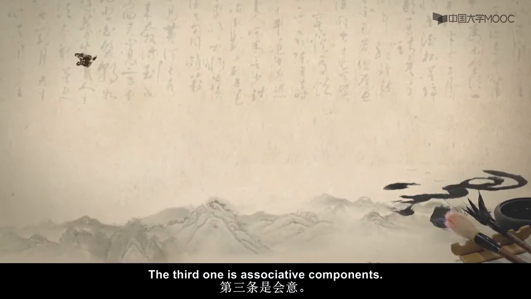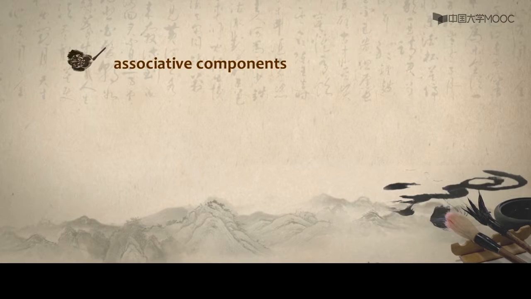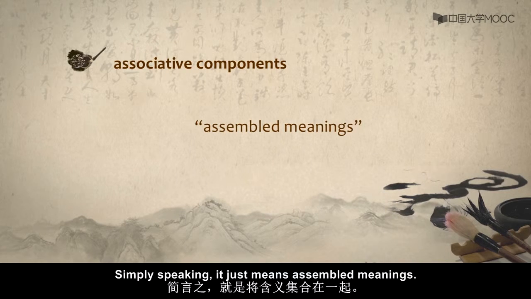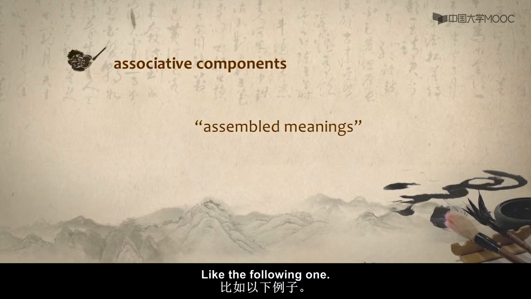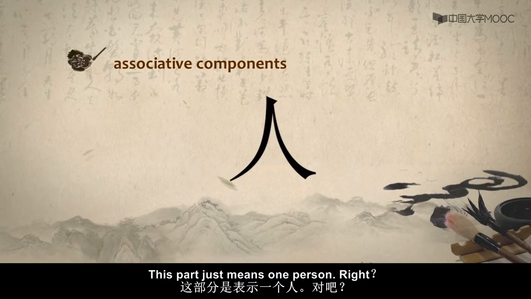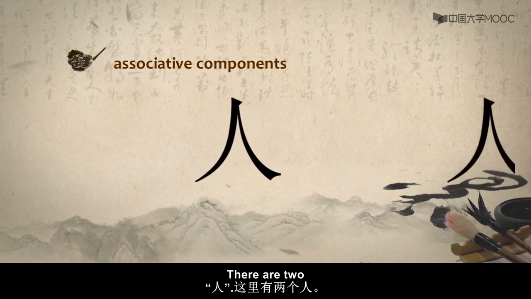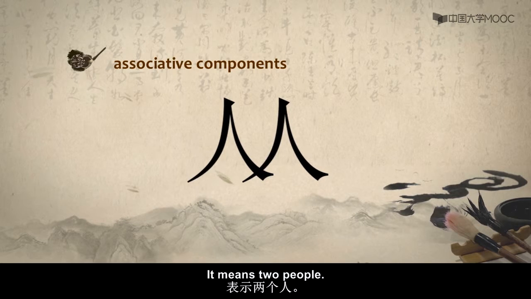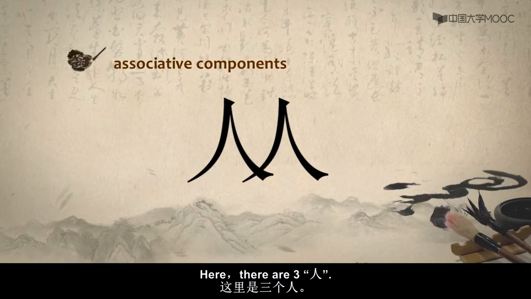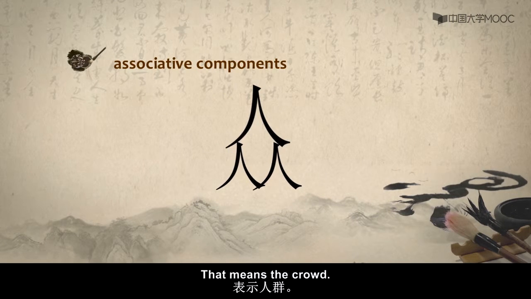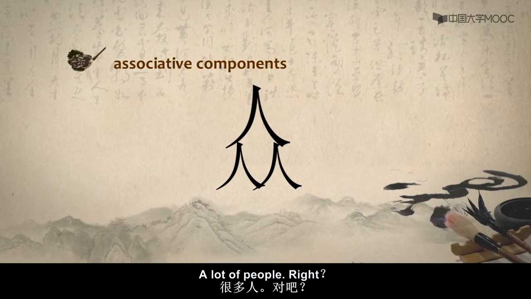Are you clear? The third one is associative components. Simply speaking, it just means assembled meanings. Like the following one, this part just means one person, right? There are 2 人. It just means 2 people. Here, there are 3 人. That just means the crowd. A lot of people, right?